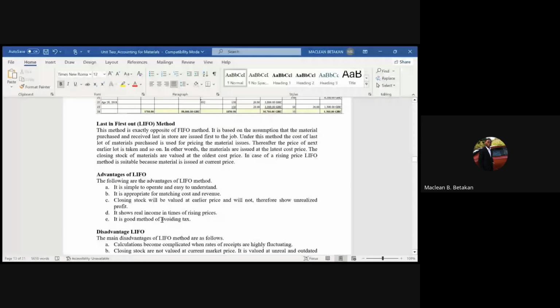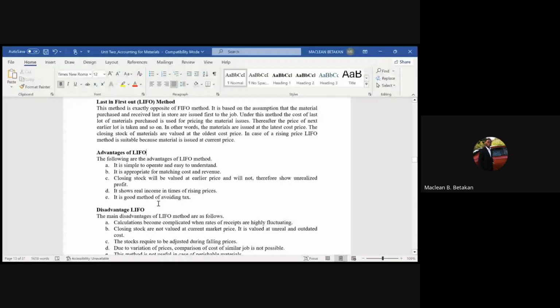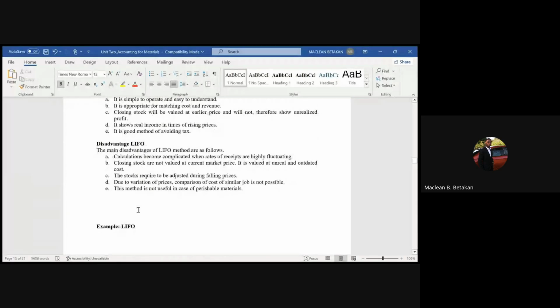So we can also look at disadvantages. Calculation becomes complicated when rates of receipts are highly fluctuating. Then closing stock is not valued at current market price.